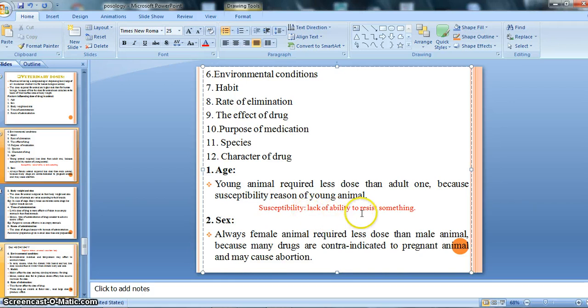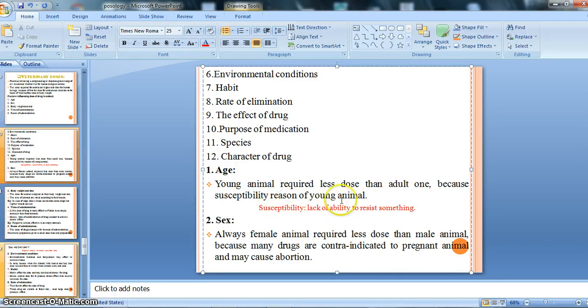Susceptible means lack of ability to resist something. Suppose one adult animal needs a 1000 mg drug for treating a particular disease. We can't prescribe the 1000 mg drug to the young animal, because they have no ability to resist the higher dose. Hence various severe effects can occur if we prescribe the adult dose to the young animal.